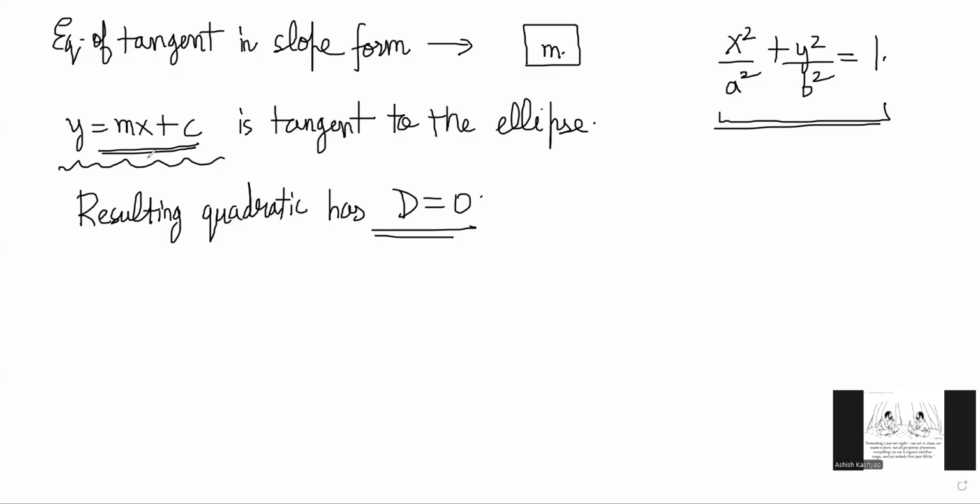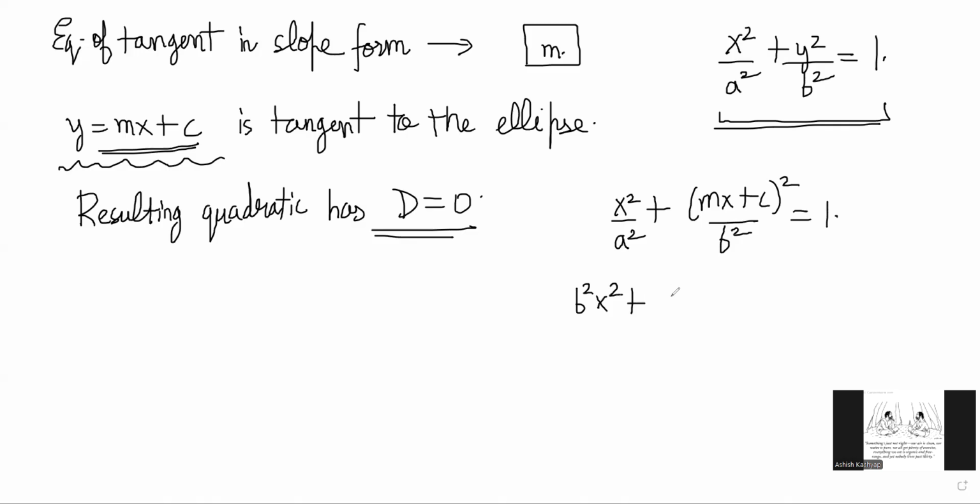it's not intersecting the curve. If it was intersecting the curve, the roots would be unequal and therefore discriminant would have been positive. So we can do that here now. We can say x square by a square plus (mx plus c) whole square by b square is equal to 1. Multiply by a square b square everywhere.